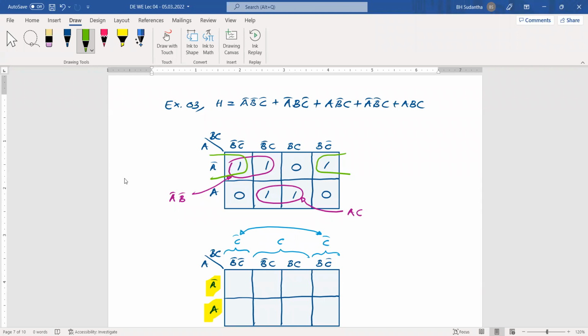Then try to give a name. What is this? It should be A bar. And what is common from these two columns? That is C bar.